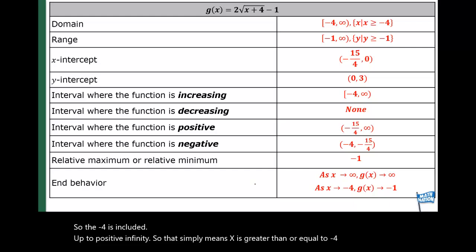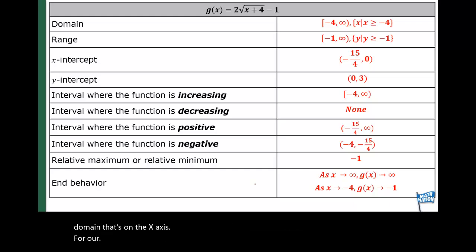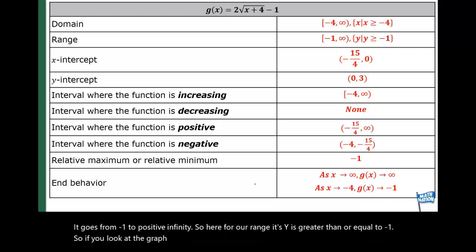That's our domain, on the x-axis. For our range, it goes from -1 to positive infinity. So for our range, y is greater than or equal to -1. If you look at the graph, you will see that as well.